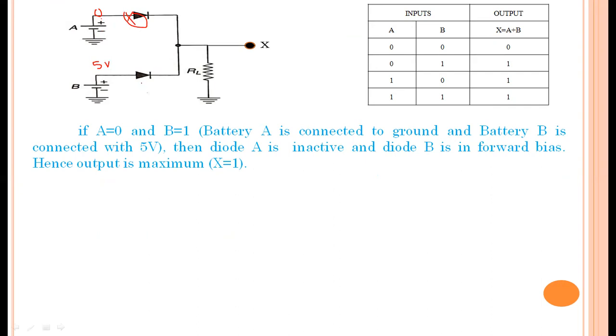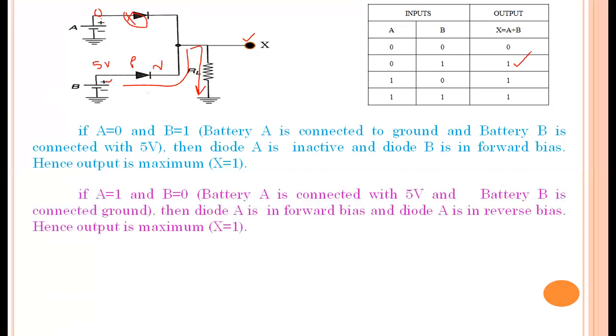But diode D2 is in forward bias because the P-type semiconductor is connected to the positive terminal of the battery and the N-type semiconductor is connected to the negative terminal of the battery or to the ground. Now diode D2 is in forward bias and hence the current will flow through junction diode D2. Now the current will pass through the output, so the output X is maximum, so X shows 1.